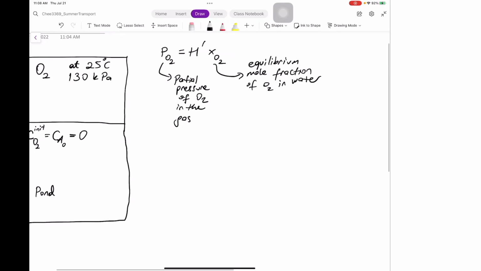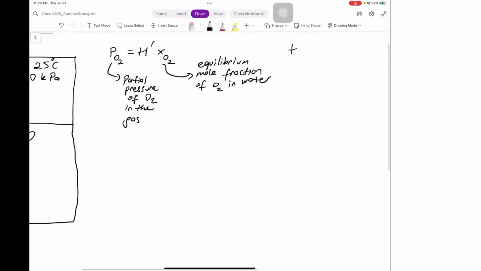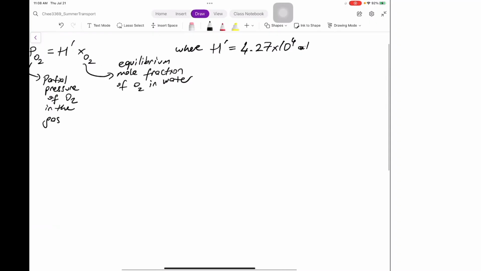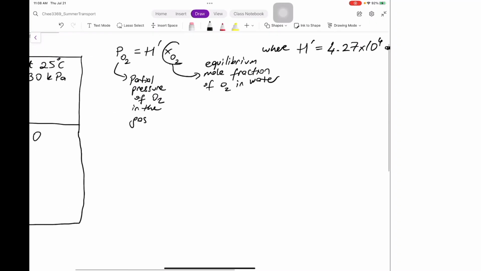And H prime is given as 4.27 times 10 to the 4 atmosphere. This is unitless, this is atmosphere, so this comes out to be atmosphere, so that makes sense. There's no inconsistency with the units.